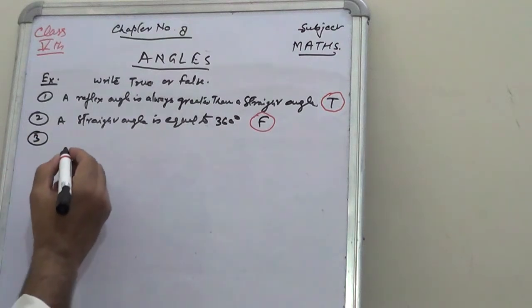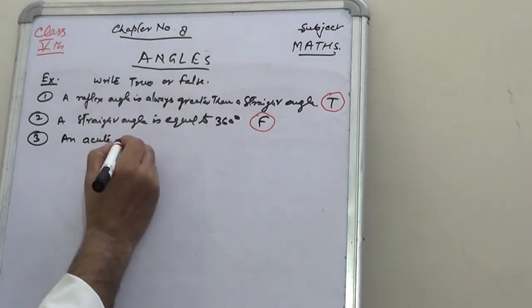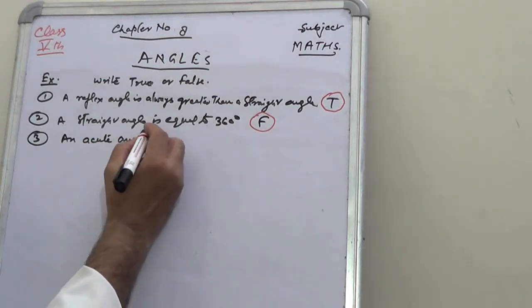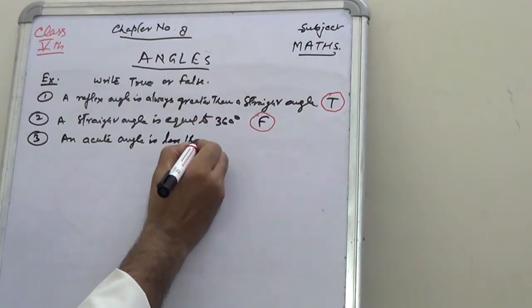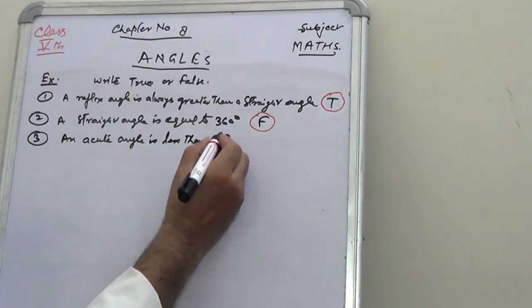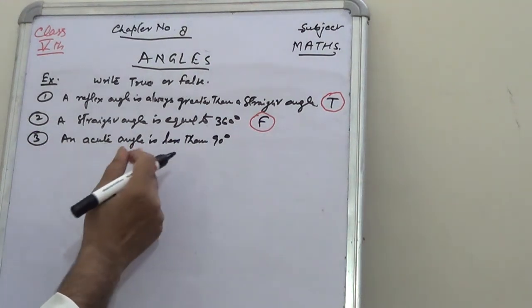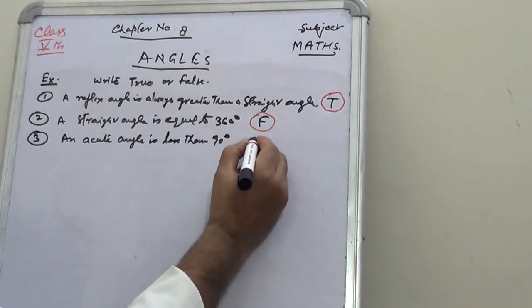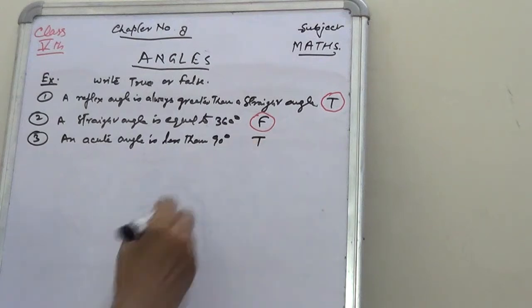An acute angle is less than 90 degree. So naturally, children, you know acute angle is always less than 90 degree and more than 0 degree. So this statement is true.